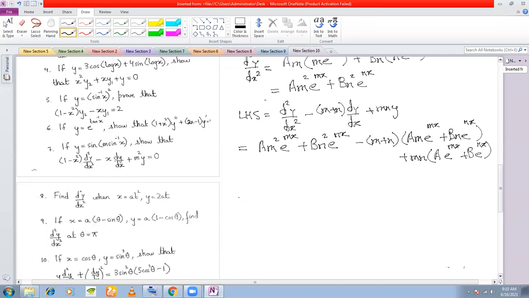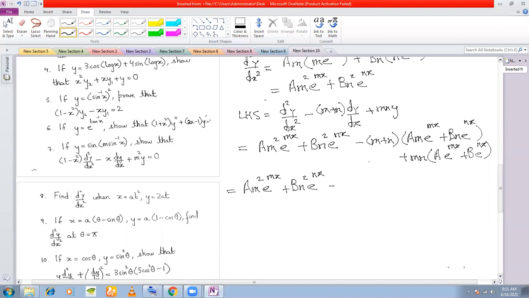So now you multiply everything. You get am square e to the power of mx. This remains as it is. Plus bn square e to the power of nx remains as it is.